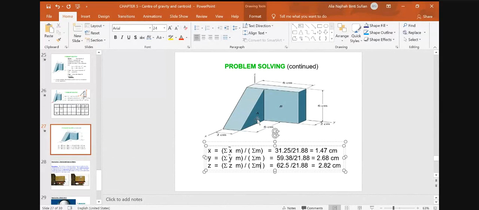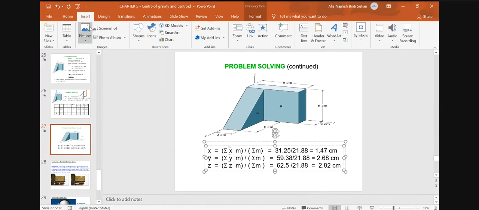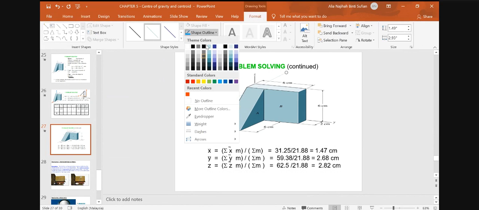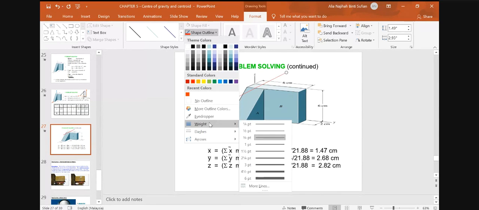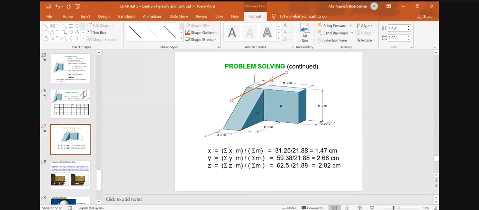Y bar 2.68, so somewhere here. And then x bar 1.47.